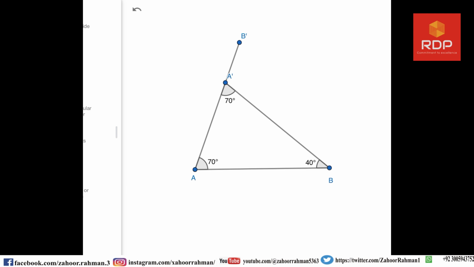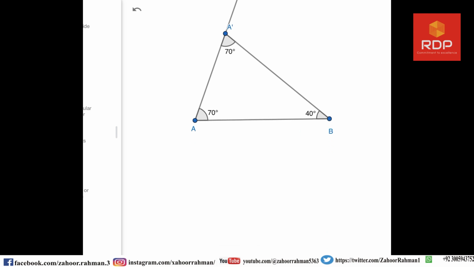So this is an isosceles triangle, and because all the angles are less than 90, so in that case we can say that this triangle is acute angle triangle.